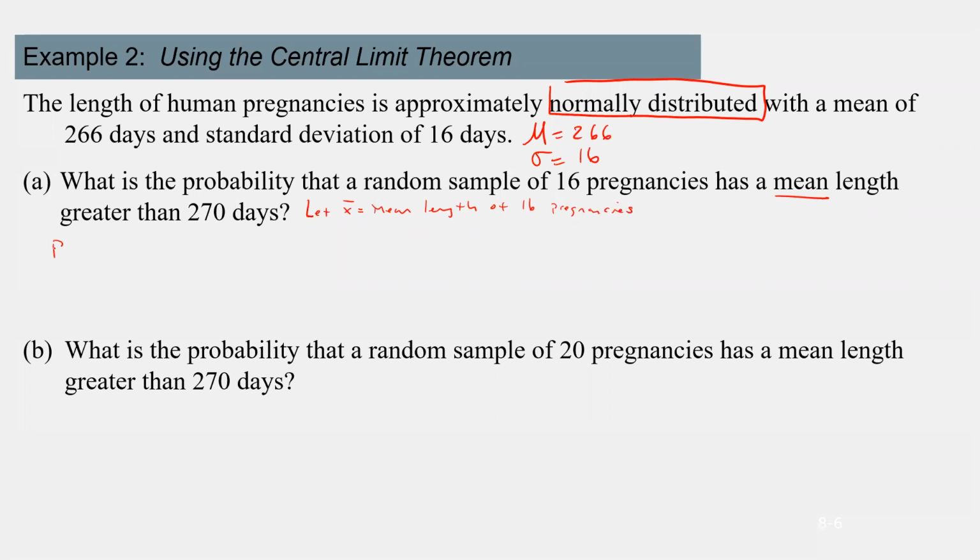And I want to find the probability that that mean length, this random variable x bar, is greater than 270. Okay, so now here's the thing. To be able to answer this, you have to describe the sampling distribution of X bar.